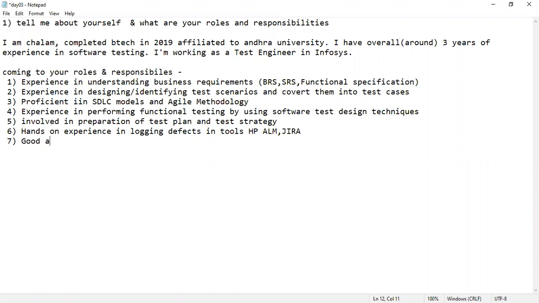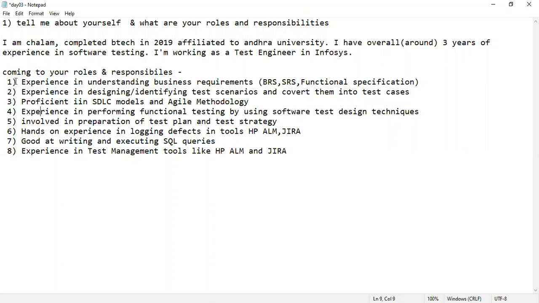The seventh point, good at writing and executing SQL queries. The eighth one, experience in test management tools, like the same HP ALM and Jira.